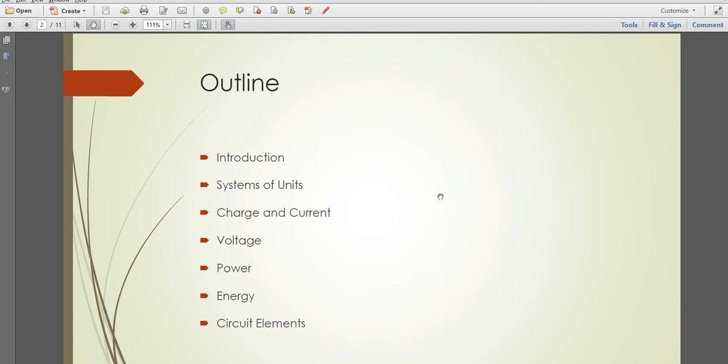So this will be for today. For next session on Tuesday, we'll continue on defining what power, energy, and circuit elements are, and do exercises at the same time. By covering all these subjects, we can finalize chapter number one.